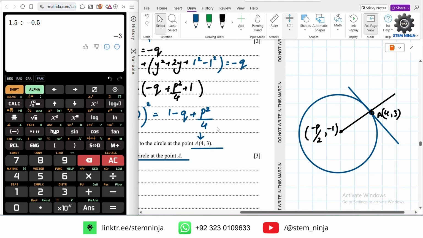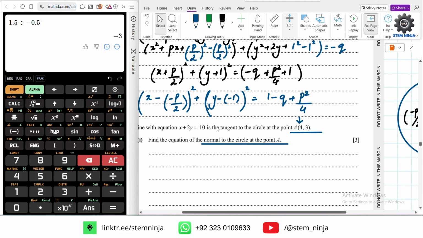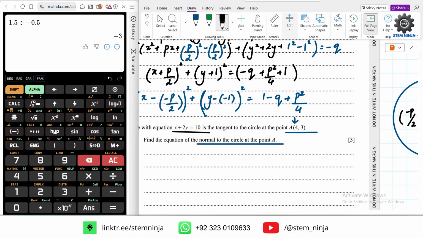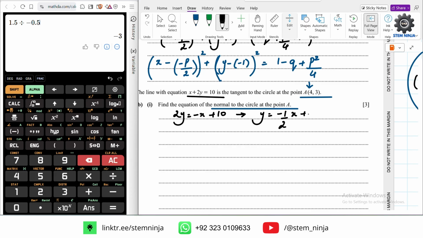Okay, so this is passing through the center. And they've given us the equation of the tangent. That means we have the gradient of the tangent. Okay, so we need to dissect that. So you have 2y equals minus x plus 10. This becomes y equals minus 1 over 2 x plus 5.